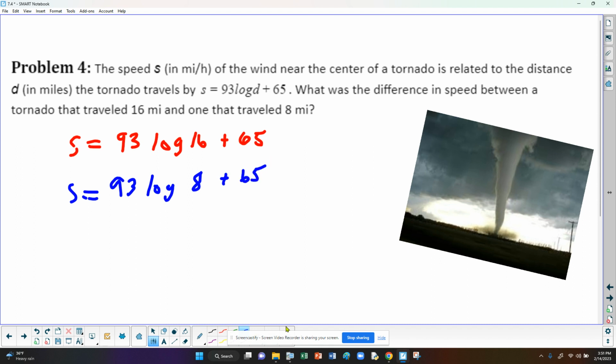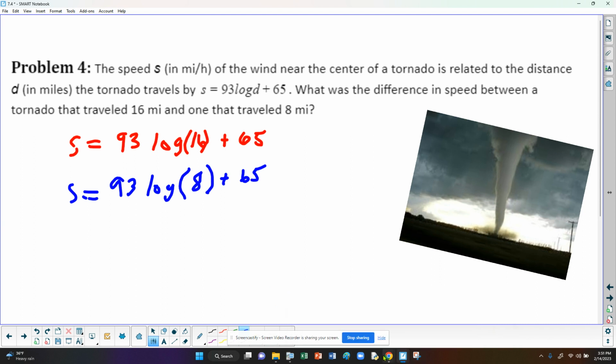It's important to notice that the plus 65 is not in parentheses with the D distance. So when you're typing this in, you're going to want to make sure you close off your parentheses on 16 and then close off your parentheses on 8 to not include that plus 65 in the parentheses of calculating your log. So you're just calculating the log of 8, not 8 and 65 added together.